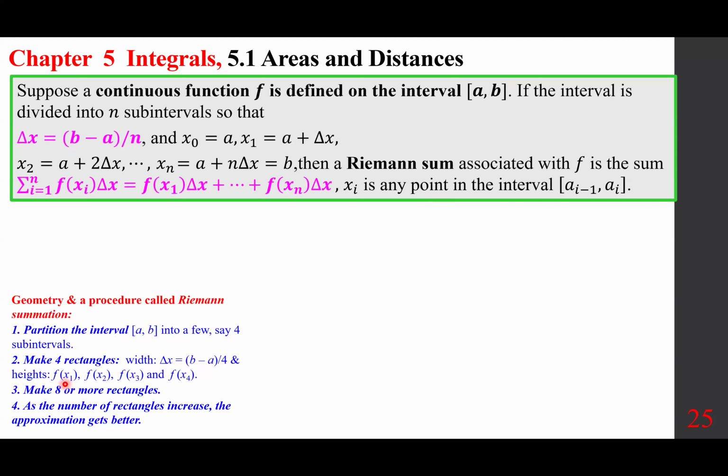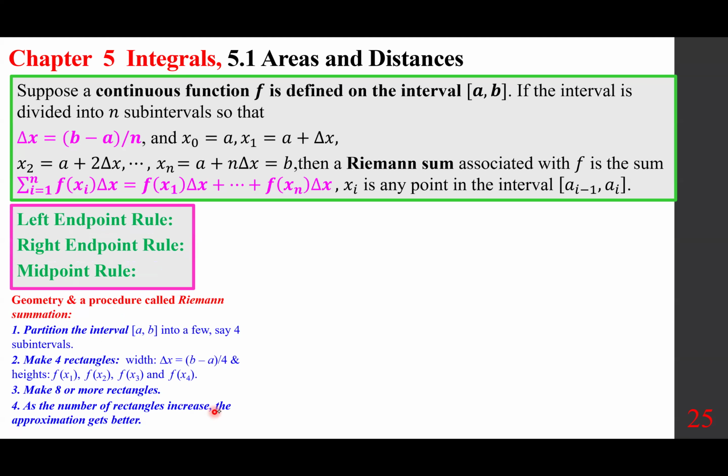And the heights are f of x sub 1, f of x sub 2, f of x sub 3, f of x sub 4. Make 8 or more rectangles. As the number of rectangles increases, the approximation gets better. And that's the key. So we have left endpoints, right endpoints, midpoints.